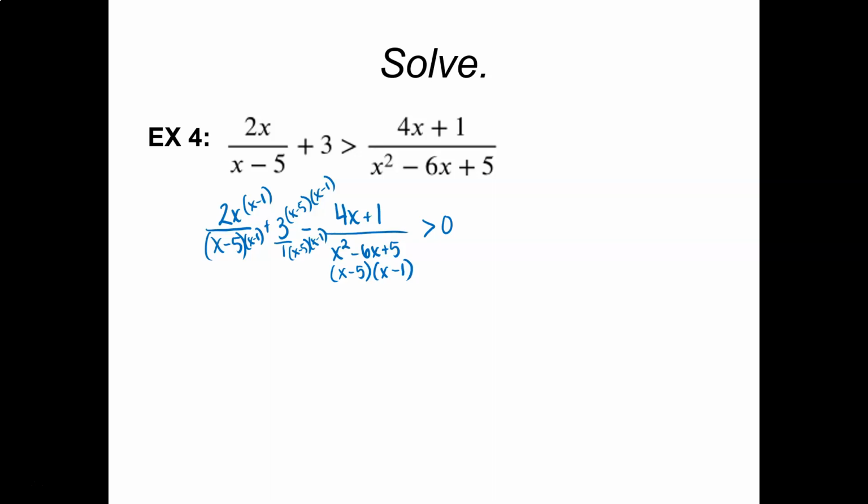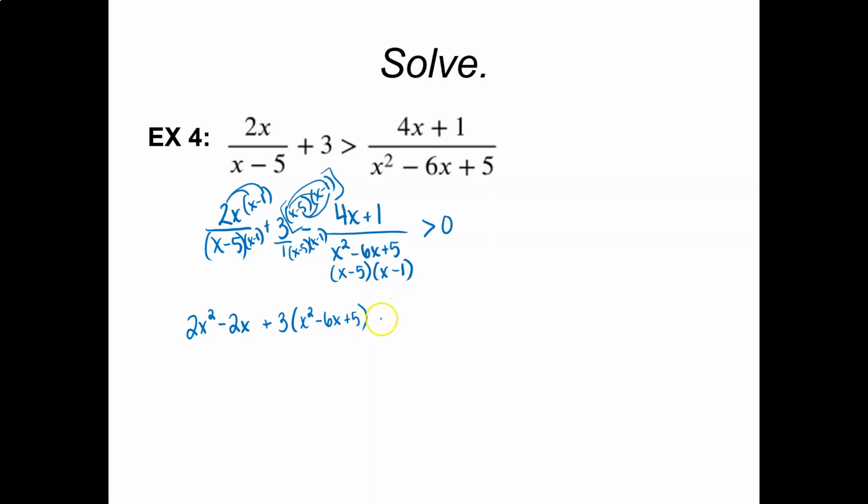Okay, questions. All right, we are going to distribute 2x squared minus 2x plus, careful here, let's just leave this 3 for right now, and we're going to multiply the 5 minus x times the x minus 1 together. So that'll be x squared minus 1 minus 5, which will give us minus 6x plus 5.